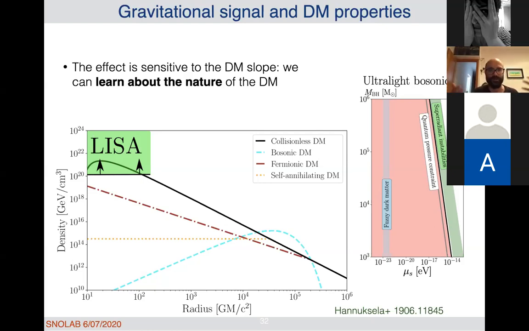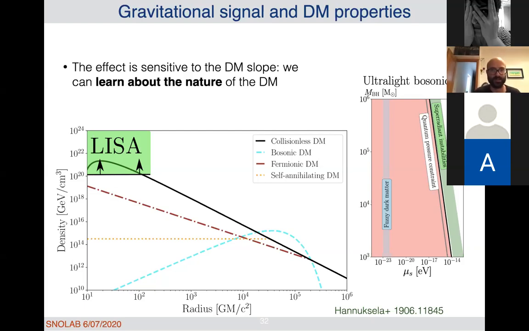For example, in the case of particles with a very large rate of self-annihilation, the self-annihilation itself would limit the growth of the spike and would form a plateau. And in general, for many different candidates, you do not expect a very steep spike.